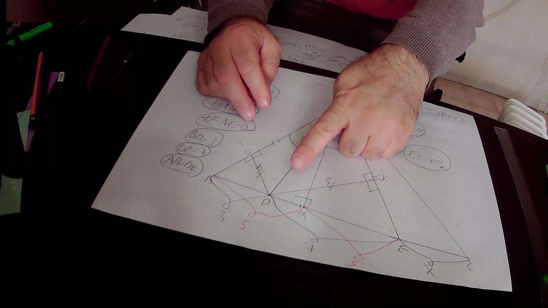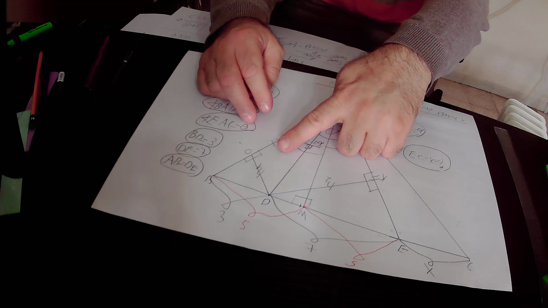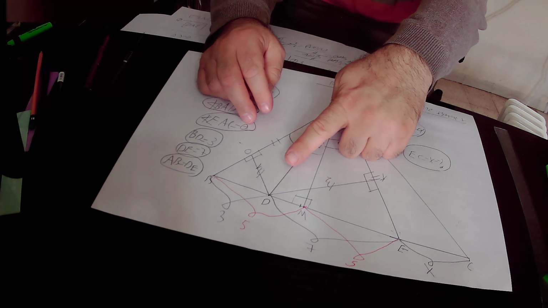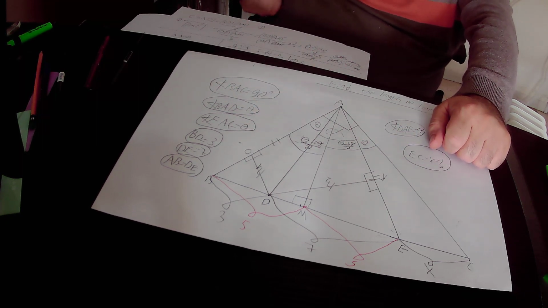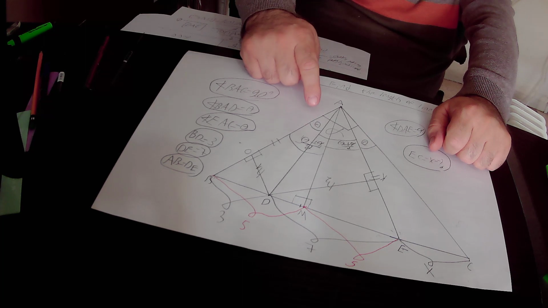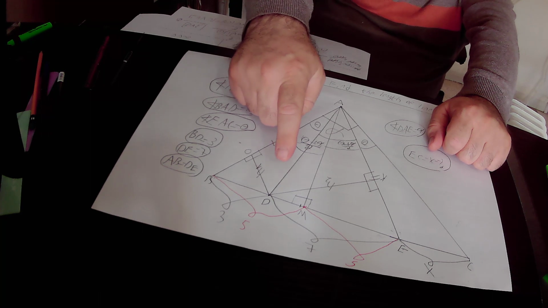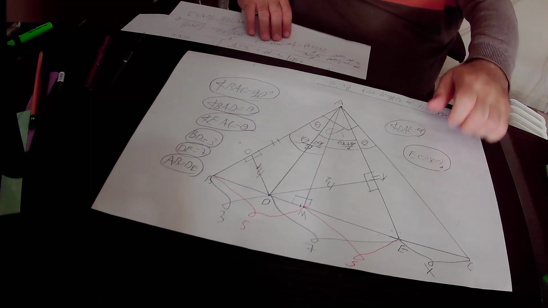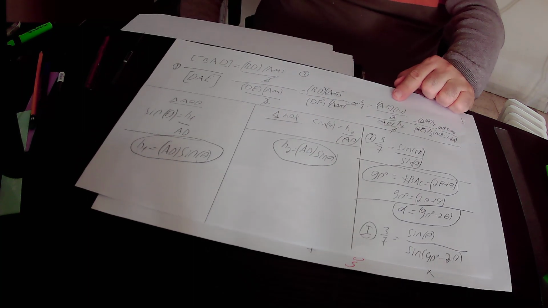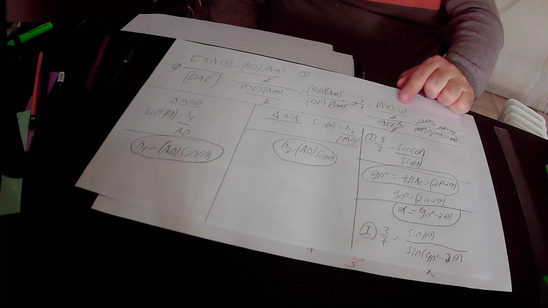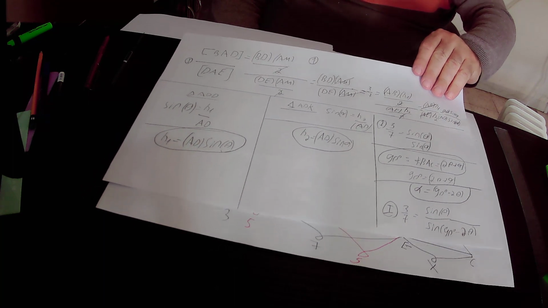So the height will be DO, which creates 90 degrees with the base, and DO is defined as h1. So the area of triangle ABD will be equal to AB, the base, times the height to the base, h1, over 2, over the area of triangle DAE.